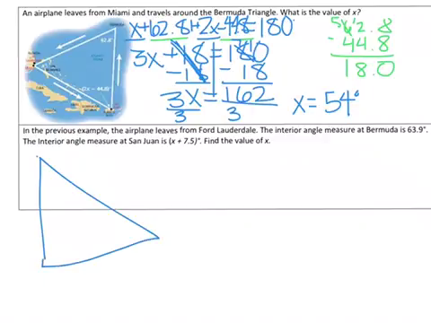So you know that one of your angles is x plus 7.5. The other one is x that we're still trying to find. And then we have 63.9. All right, so now I have your triangle built for you. Go ahead and find the value of x by doing the correct equation and combining of terms.